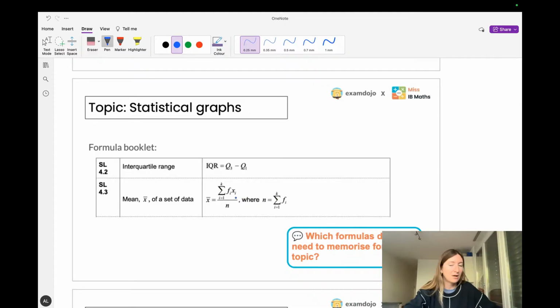So for this topic, we need to memorize the formula for outliers. That one isn't given. So we have the interquartile range, IQR, times 1.5. And then we either need to subtract that from our lower quartile, let's call it Q1.